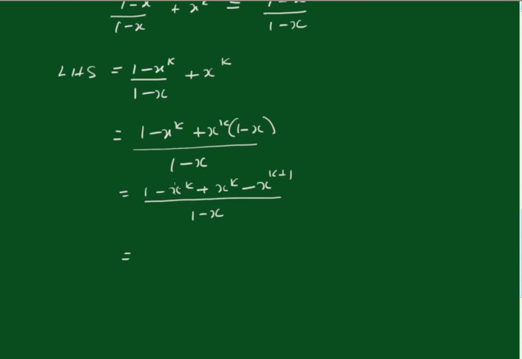And these guys go out. You get 1 minus x to the k plus 1 over 1 minus x, which equals the right hand side of P.